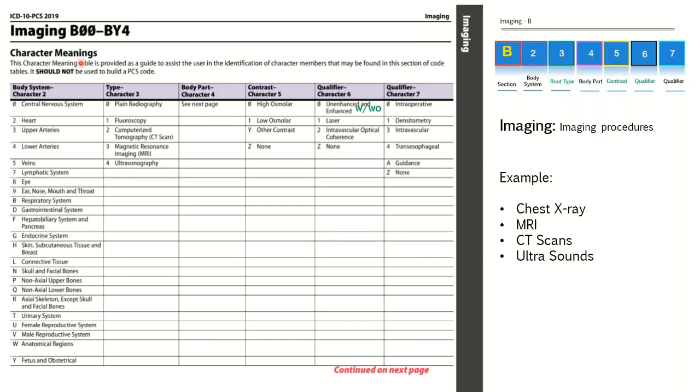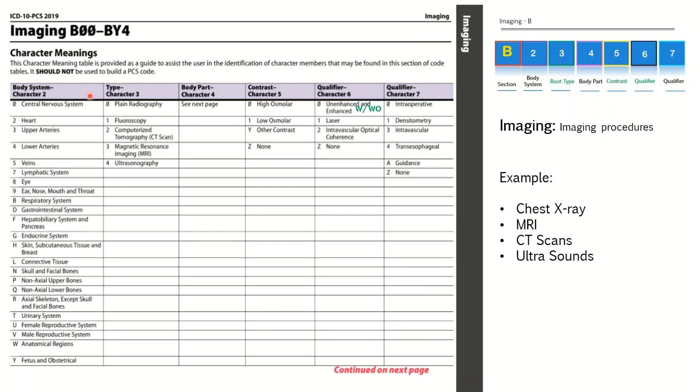Even the character meanings page is a little different, because here you've got your second character descriptor, and previously they were not there. We started with our root operations. So we've got our body systems in this first column.